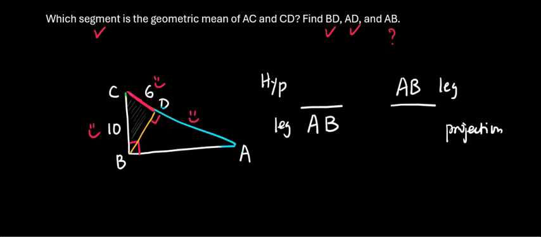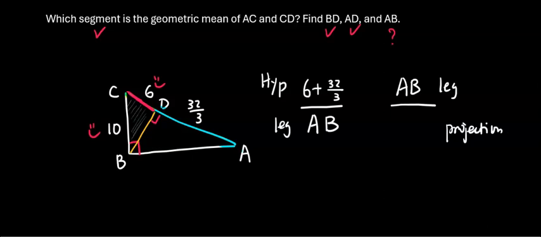Okay, AD is 32 over 3. So we're going to write down here 32 over 3. So if I add 32 over 3 to 6, that gives me hypotenuse. So I'm going to write down 6 plus 32 over 3. It looks a little bit busy. It's okay. We're going to get everything done beautifully.